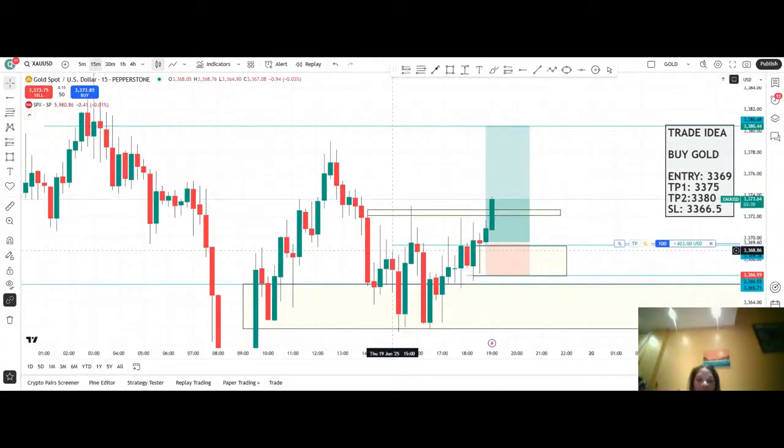Nice and strong momentum, right? Come on, gold, come on.